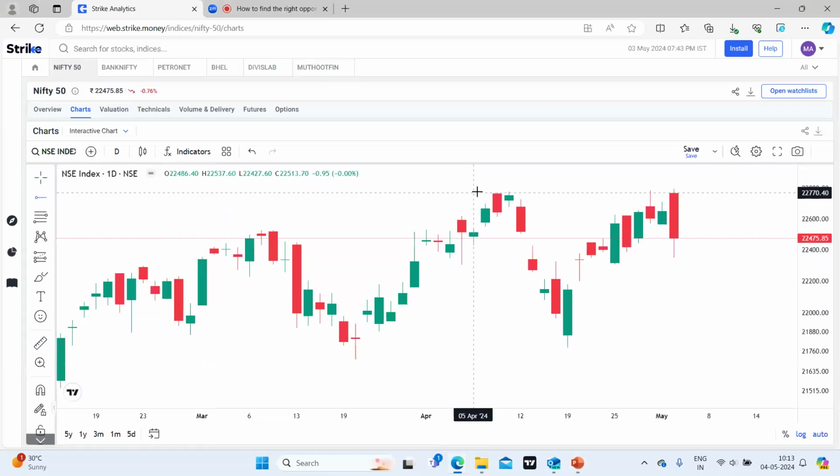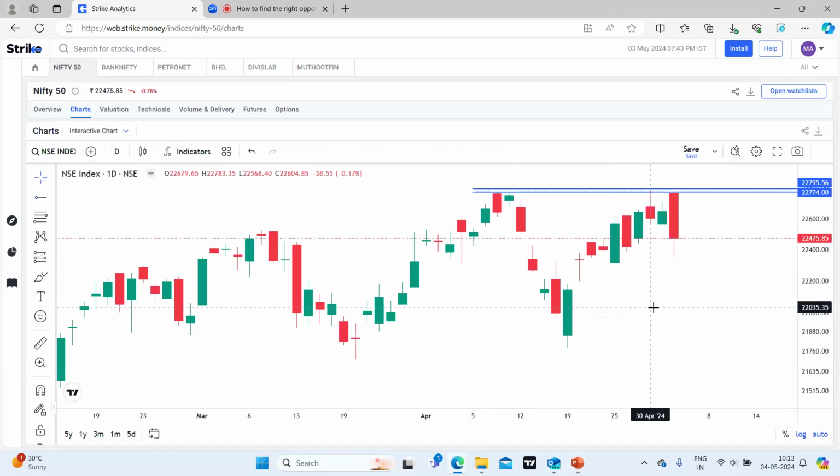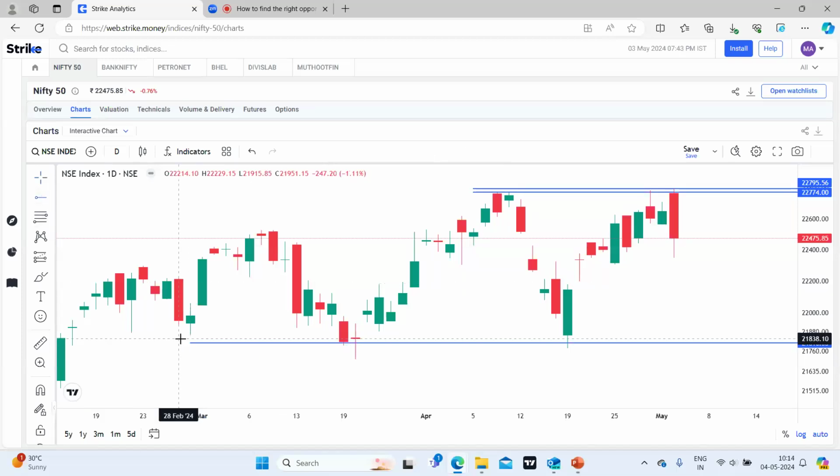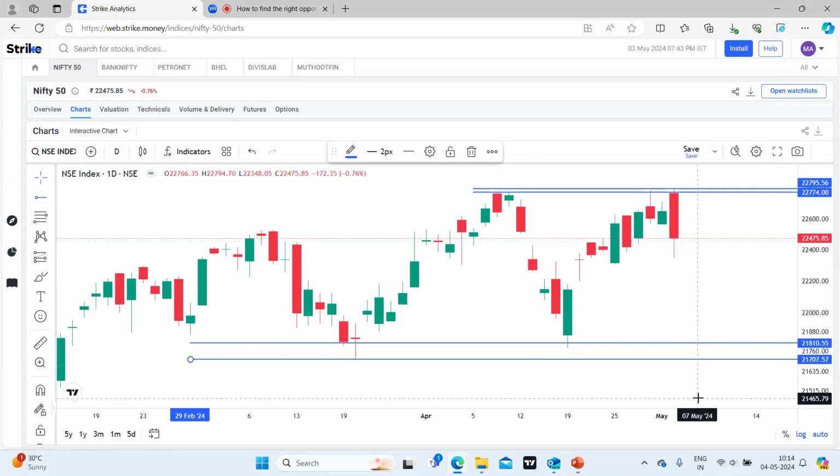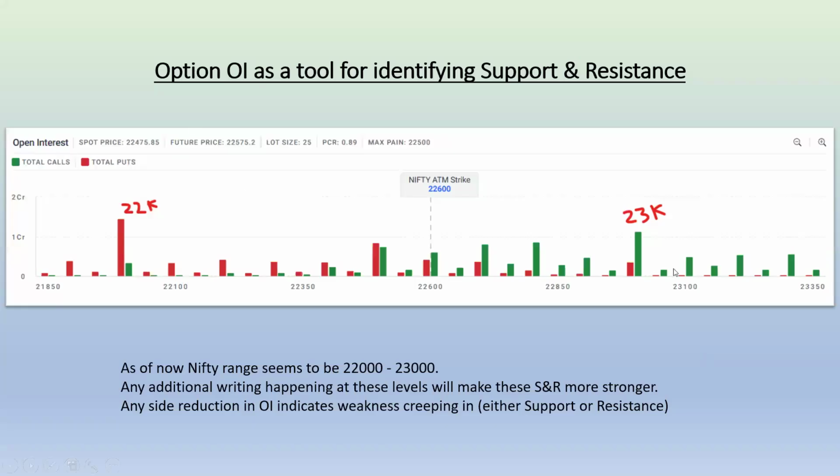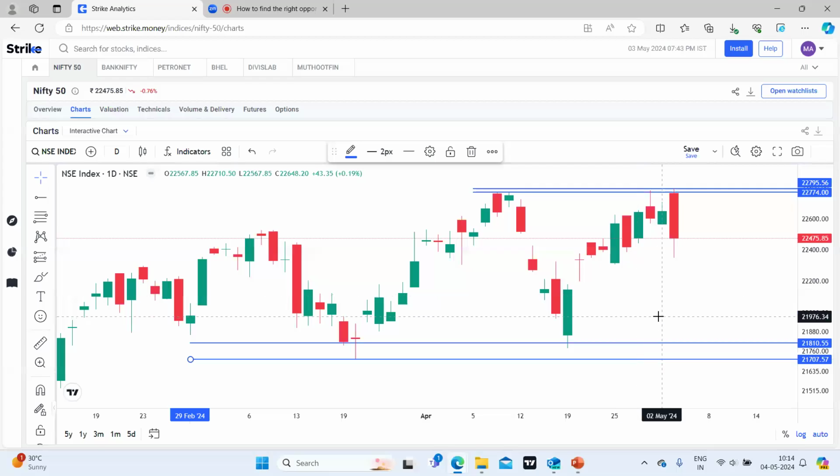So basically अगर आप देखोगे, this is your resistance, right, 22,800, and we can say this range is your demand zone, right, 21,700 to 21,800. But my open interest is saying it is exactly 22,000 to 23,000. And there is minor.